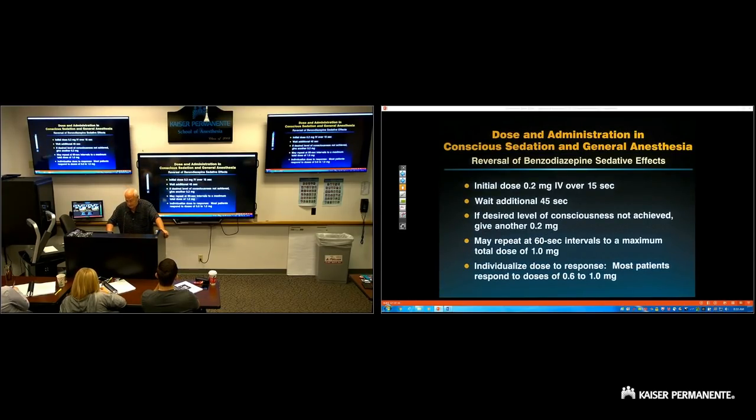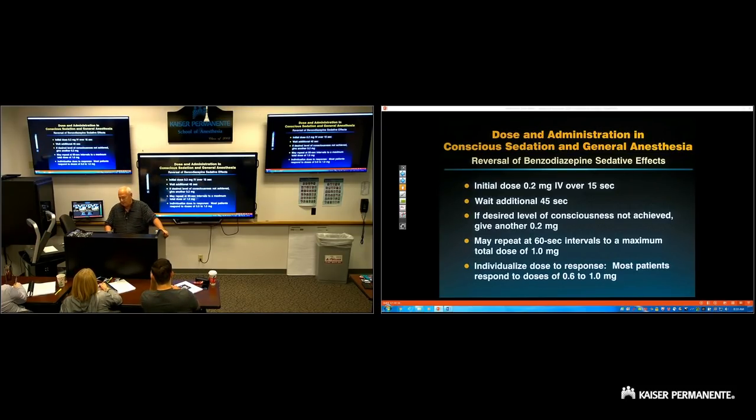If you're dosing somebody, the initial dose is 0.2 milligrams IV over about 15 seconds. Wait about 45 seconds. I don't know why they picked 45. I'd say wait at least maybe 2 minutes. See if the patient is aroused at all, and then you can just keep repeating.